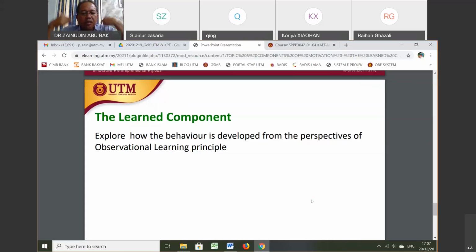So what are the underpinning principles that can create such energy that can motivate individuals to act, to do actions? Okay, two things. The first one is behaviorism, and the second one is the observational learning principle.